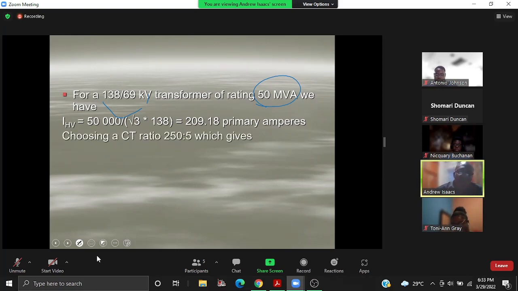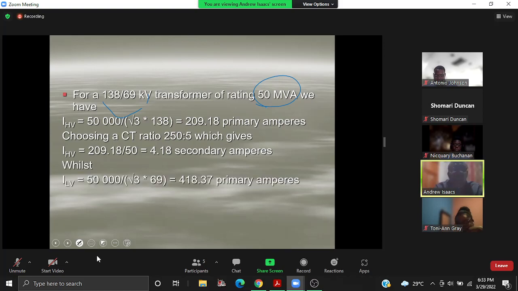And on the low voltage side, we get 418, which is expected. The lower voltage will give you the higher current.